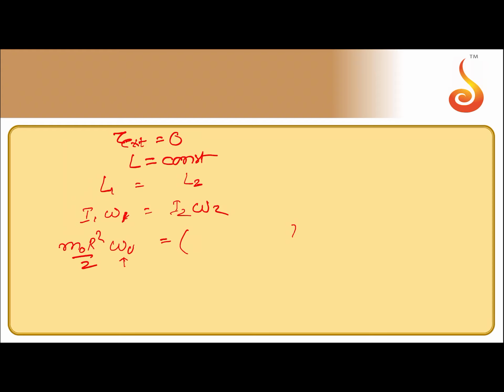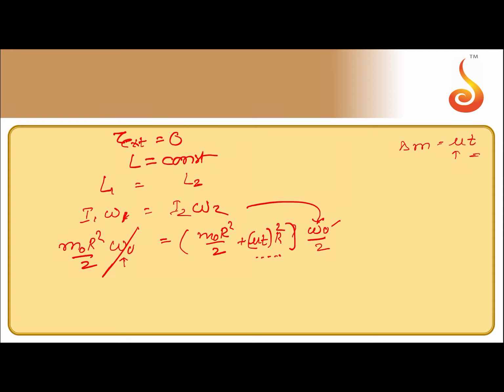Final moment of inertia becomes, how much is that? m0 r square divided by 2, that is due to the disk, plus the mass added is mu into t, because mass added is given by mass per unit time into time, mu into t, into r square, because it is on the rim, it is as good as mr square. So this is the moment of inertia, into omega naught divided by 2, because the final angular velocity becomes half of it.